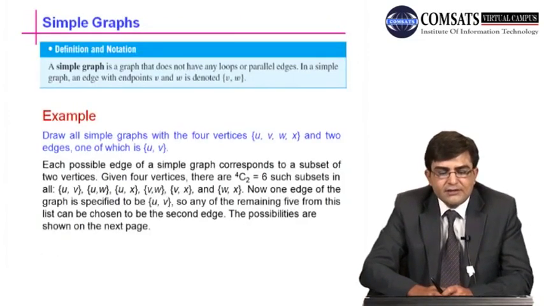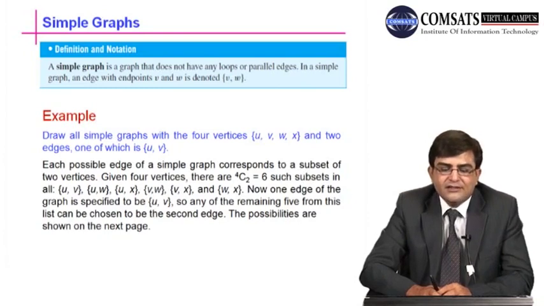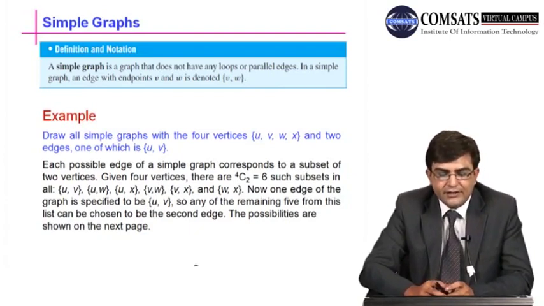Now what is the simple graph? A simple graph is a graph that doesn't have any loops or parallel edges. Means in a simple graph, an edge with endpoints v and w is denoted by this.